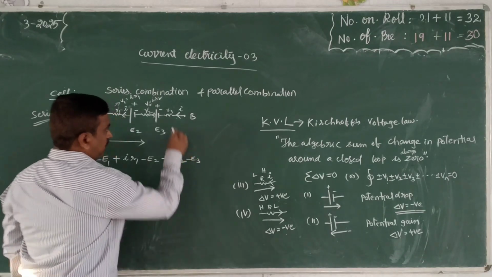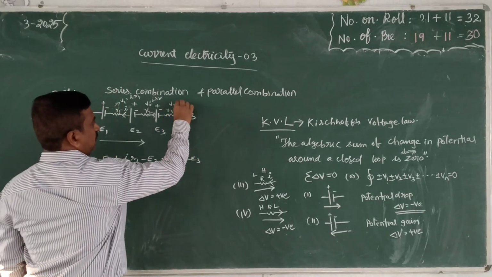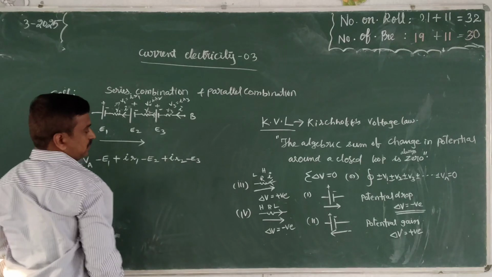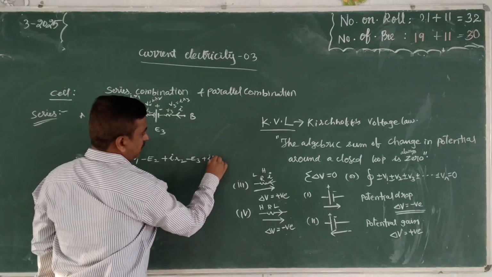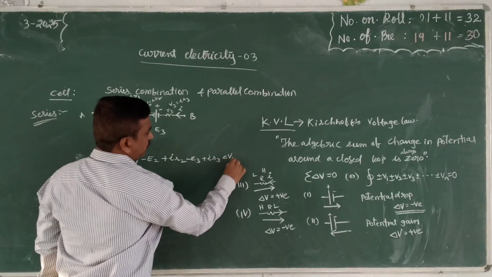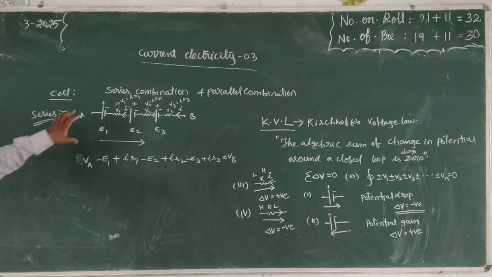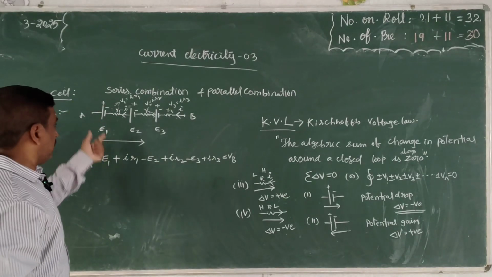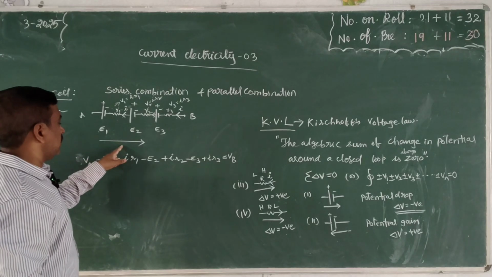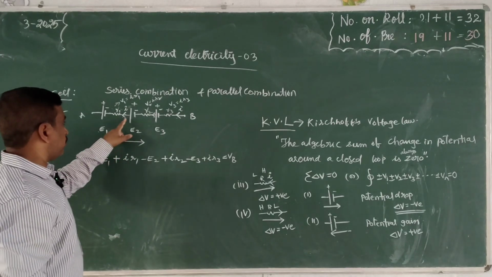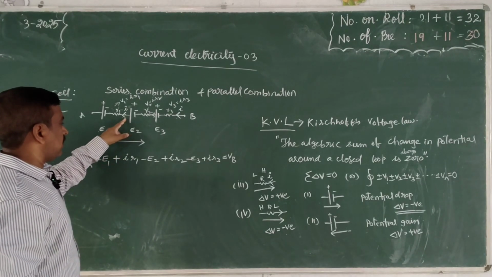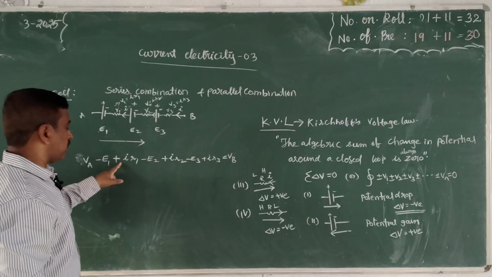Next, what is the potential across R3? V3 equals I R3, so we write plus I R3, equal to the potential at B, which is VB. While using KVL, when touching positive to negative we take minus. The loop direction and current direction are opposite, so we take plus.